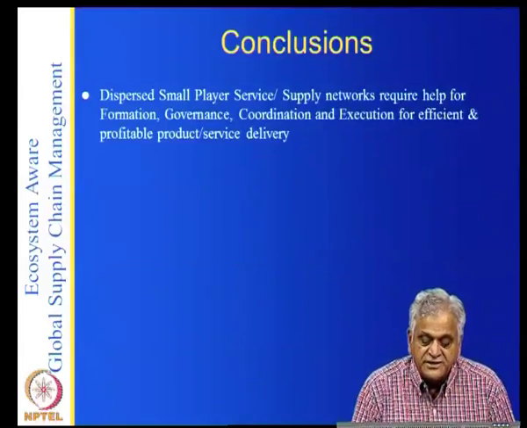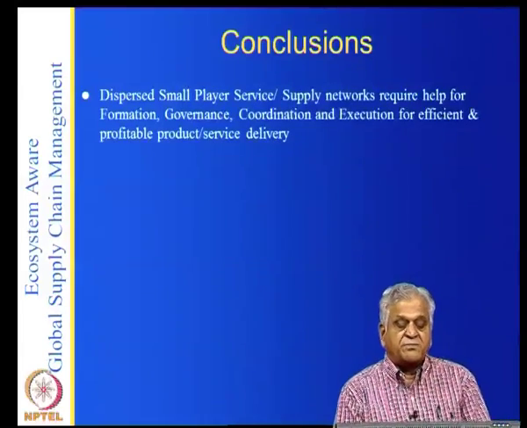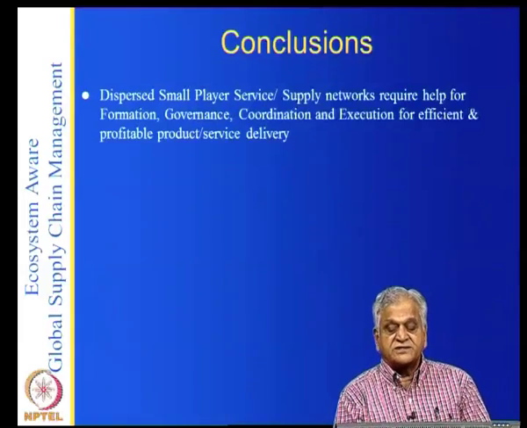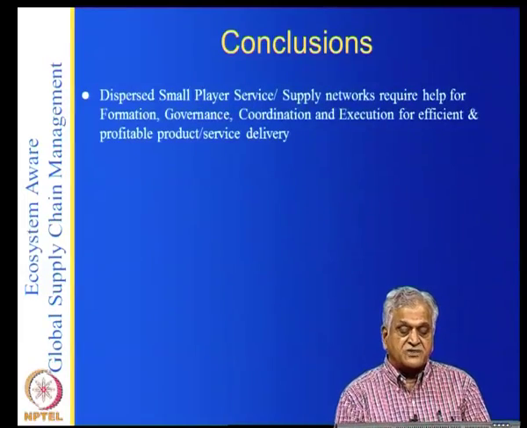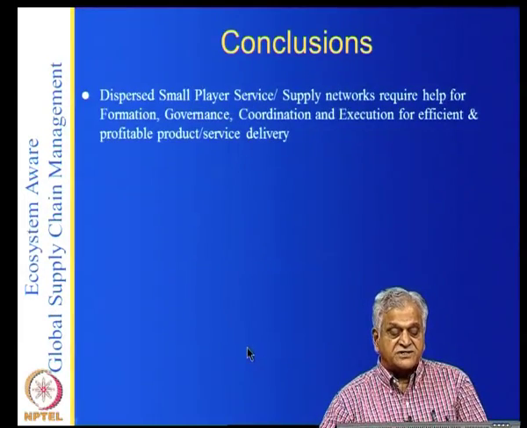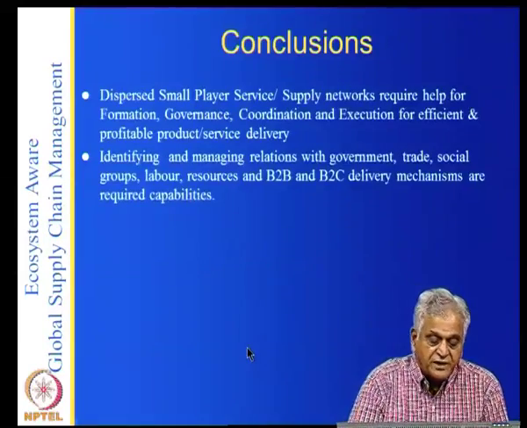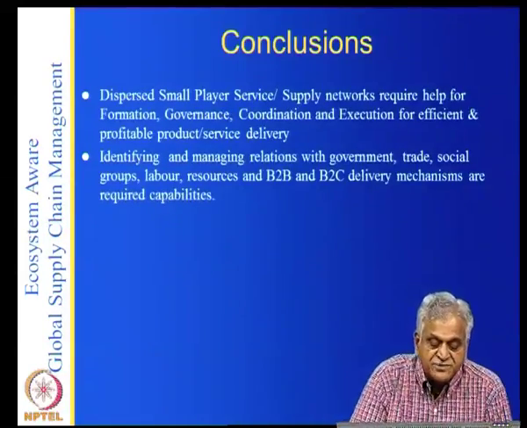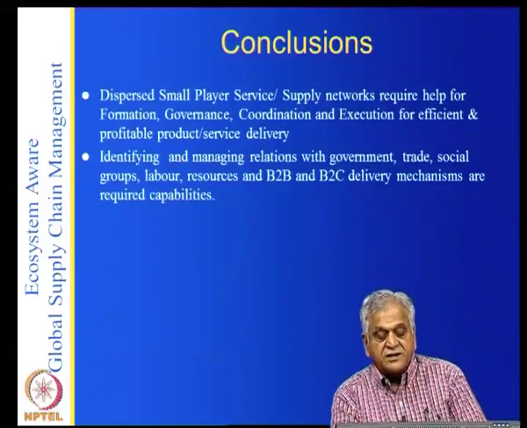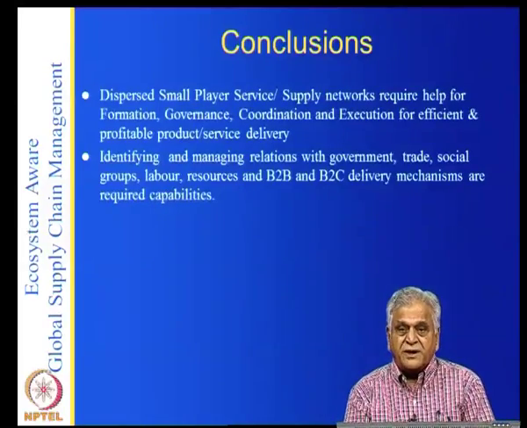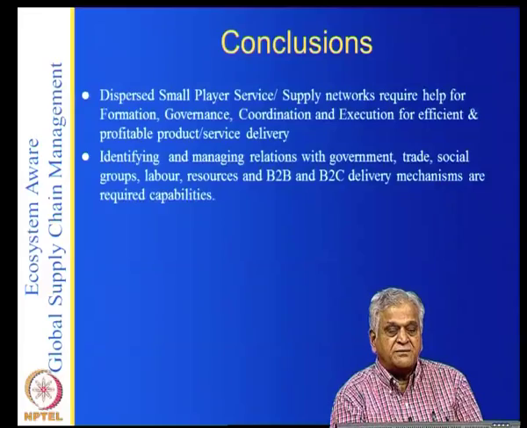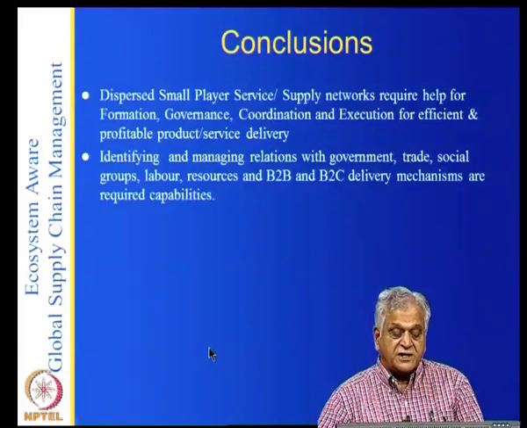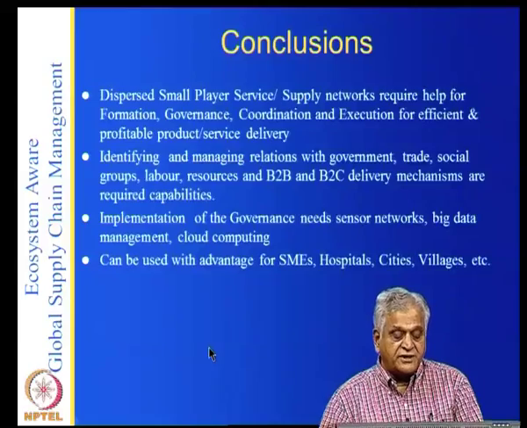They are all players who require help in governance, coordination and execution. So the coordinator basically has to act as a mentor also. And we have to identify and manage relations with the government, trade, social groups, labor, resources, delivery mechanisms and all that. Somebody has to be in charge to talk to the government and various people and actually have these relationships, which are becoming very important.